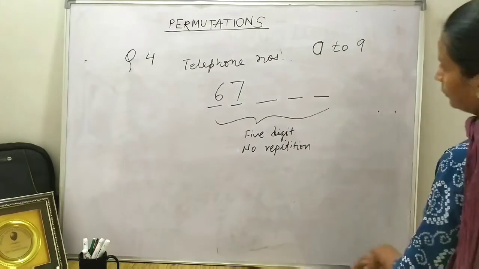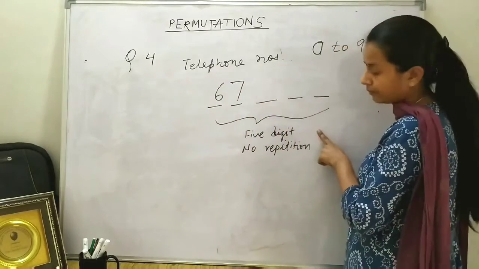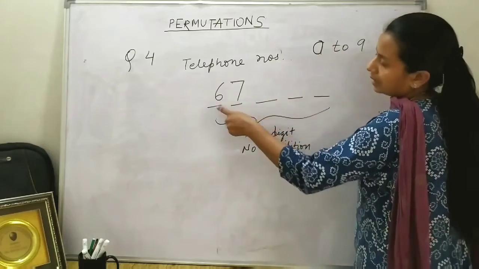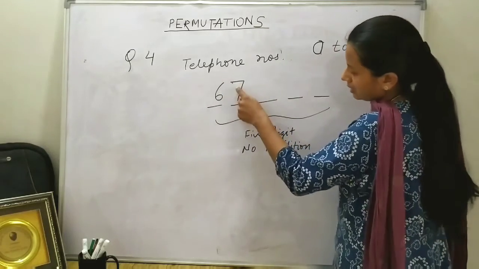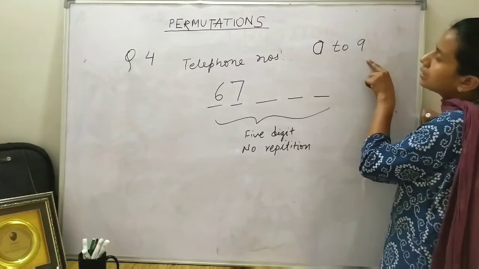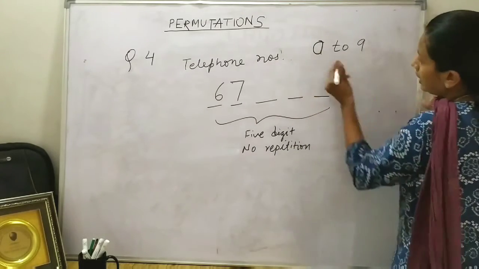Now the fourth question is, how many 5-digit telephone numbers can be formed with the starting 2 digits 6 and 7, no repetition, and from the digits 0 to 9. Now see, here we have 10 options, right?